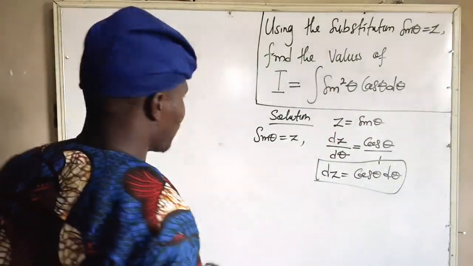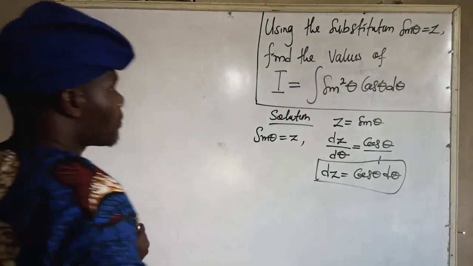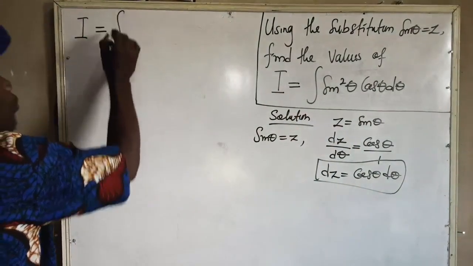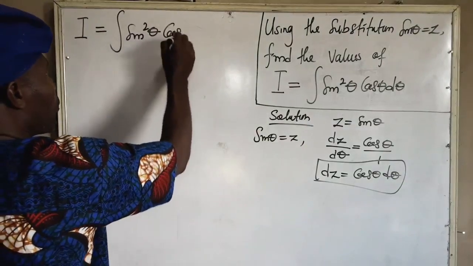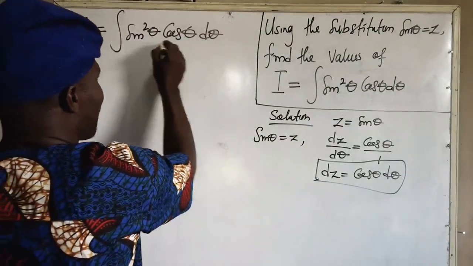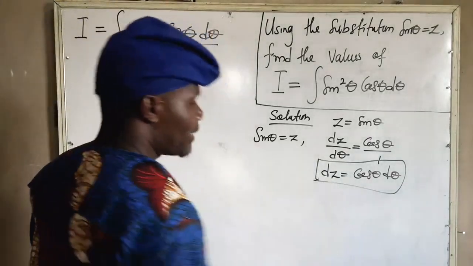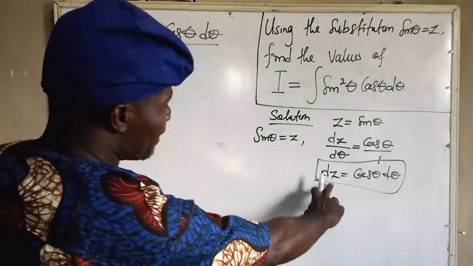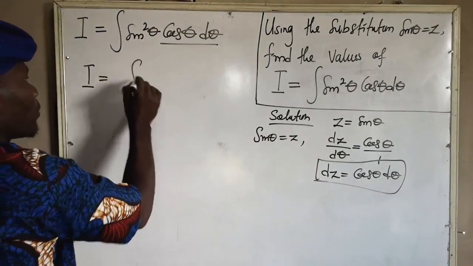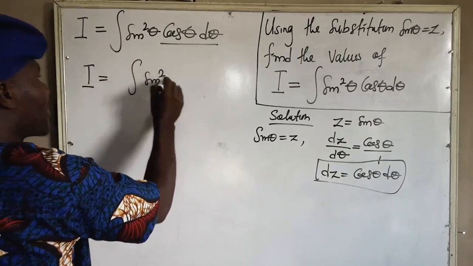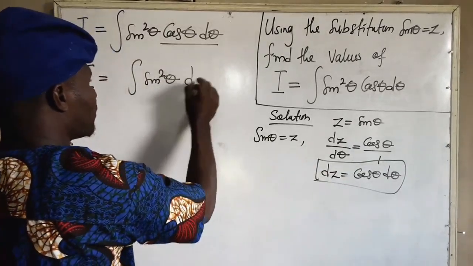How? The value of I is what we are to find: the integral of sine square theta cos theta d theta. But you know that cos theta d theta is represented by dz. So if this represents this, it means our I is equal to the integral of sine square theta, and you just have to write the dz.